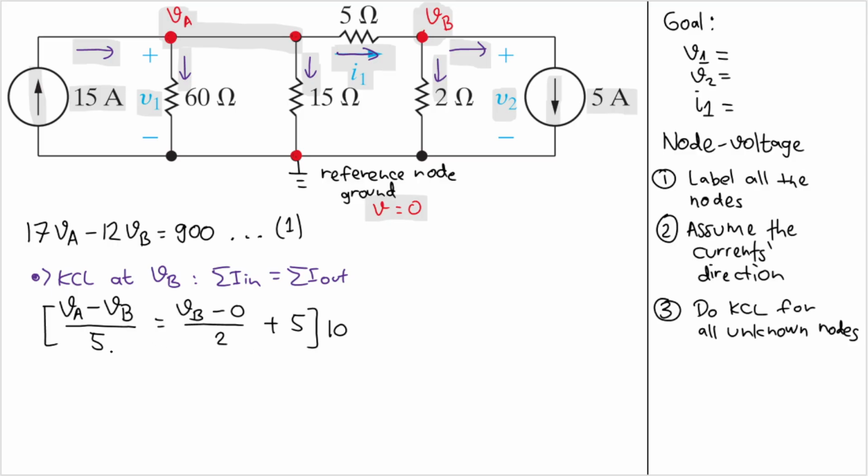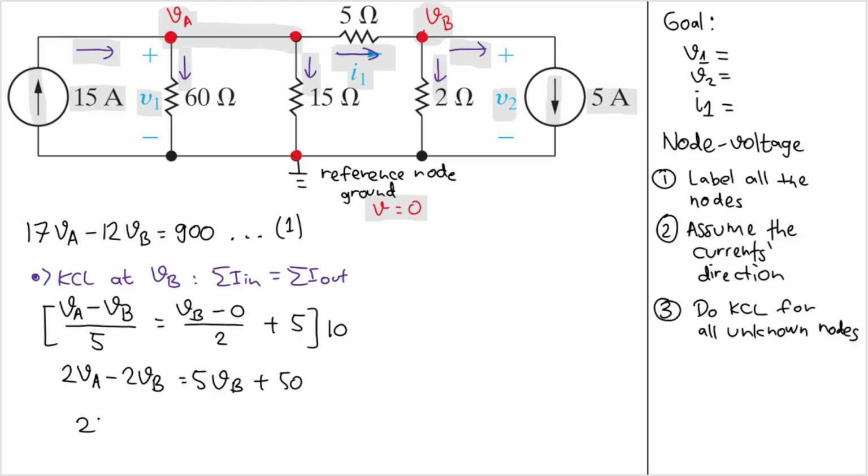5 and 10 will cancel into 2, so we will have 2 VA minus 2 VB, and that will equal to 2 and 10 will cancel into 5, so I will have 5 VB, and we will have 5 multiplied by 10, that will be 50.